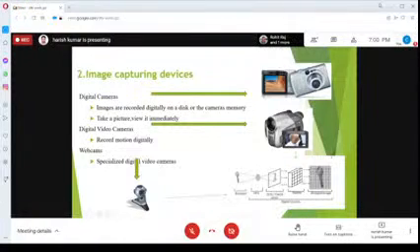The combination of all the light intensities, visible on the screen, is the 2D digital image. This is the basic working principle involved in image capturing devices.